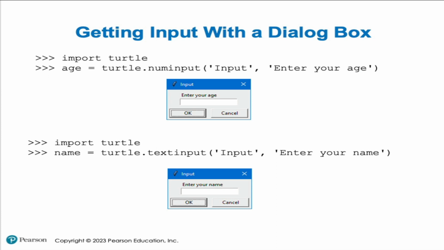If you want to read text, for example a name, you could say I want text input, the title of the box is input, and the prompt is enter your name. The user in that box would type a name, hit OK, and that would be returned and assigned to the variable name in this case.